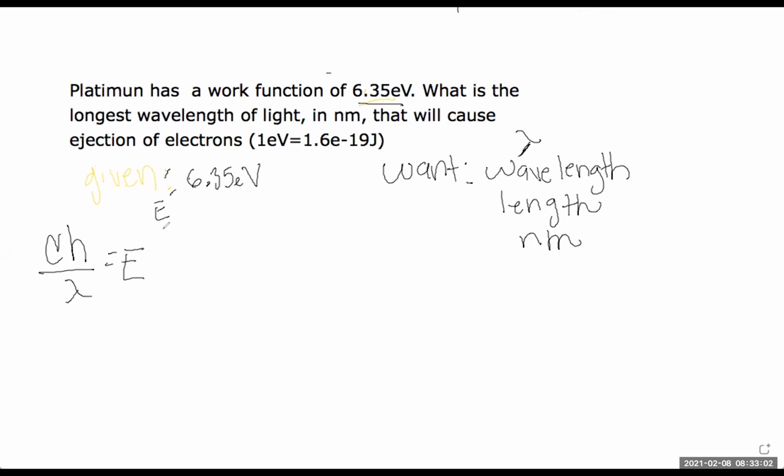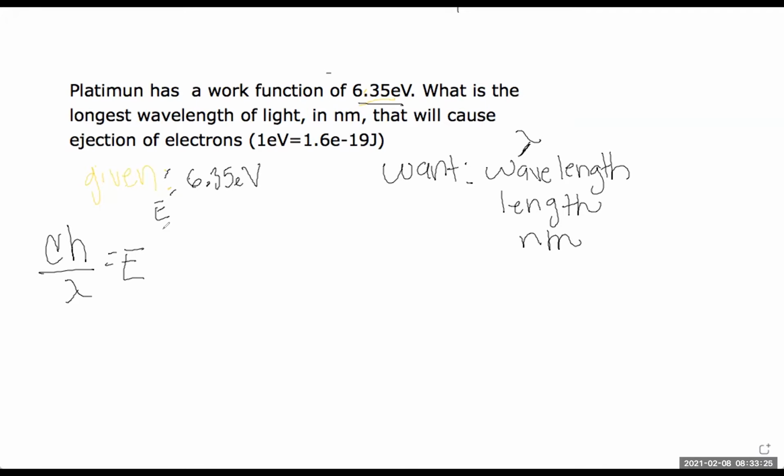So when it comes to chemistry, and you have seen this all throughout chemistry, what do we do with our equations? We move them around to our liking, or to whatever we want to find. Here we want to find lambda.